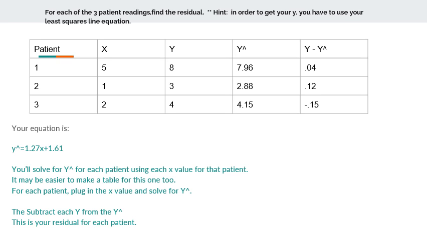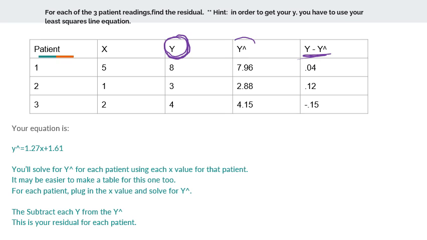How do we find the residual? The equation to find the residual, the space in between the actual point and your line, is right here. It's just y minus y hat. Your y is what we were given, so this is the actual point on the graph, on the scatter graph.